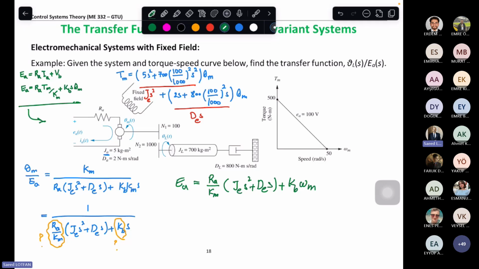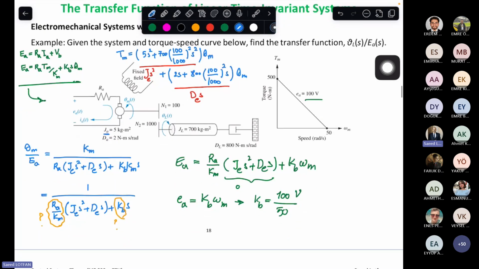Now, if the torque is 0, I know that EA is KB omega M. So KB would be EA over omega M, that is 100 volts over 500 radian per second.